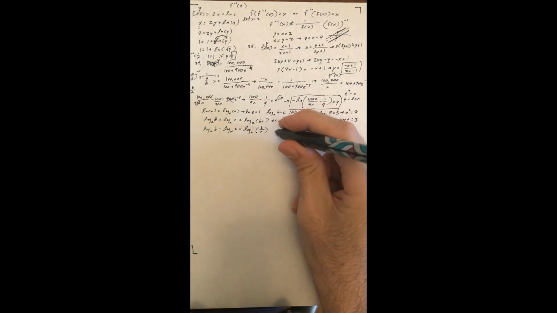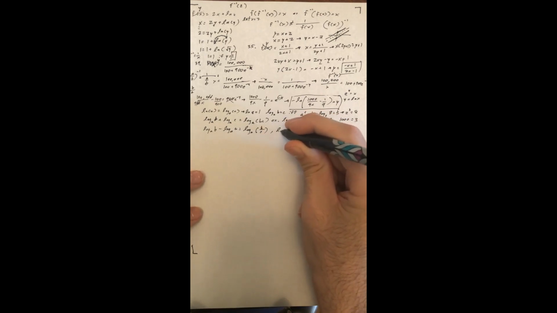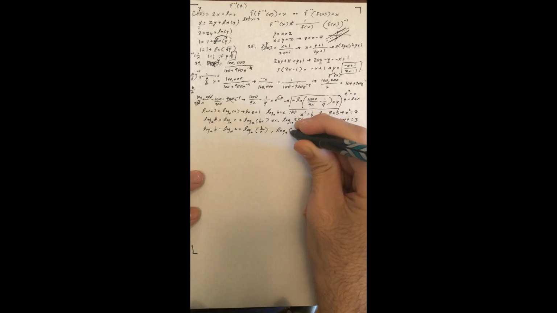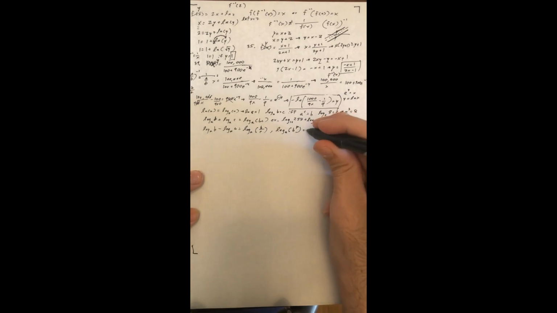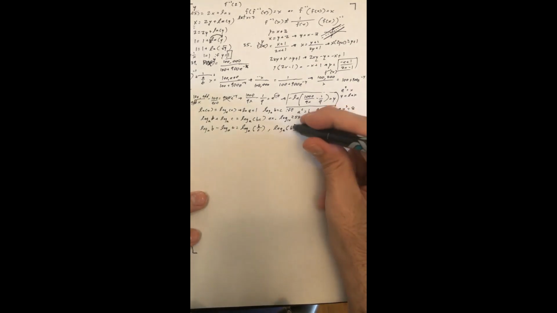And the last immediate property that you need to know is if you have log base a of b to some power p, this is equal to p times log base a of b. That's a very, very, very important property. It says that if you have an exponent within the input of the logarithm, you can move it out front as a constant.